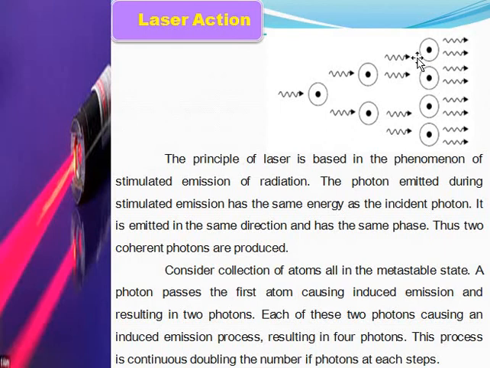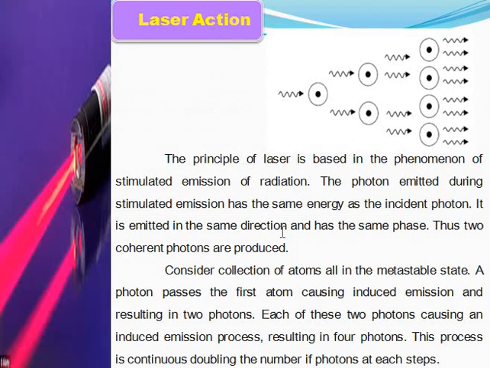This multiplication of photon emission results in the emission of light with the same frequency, same phase and in the same direction. That itself is known as laser action, dear students.